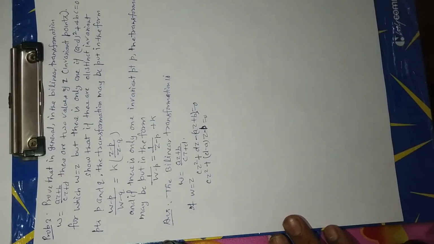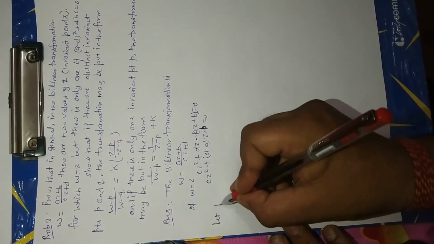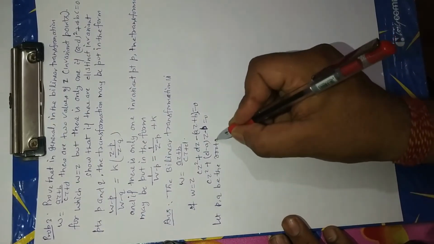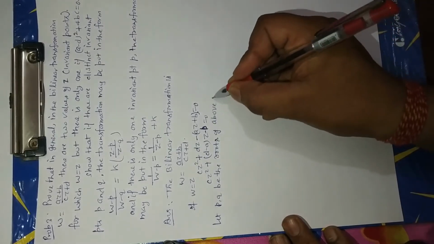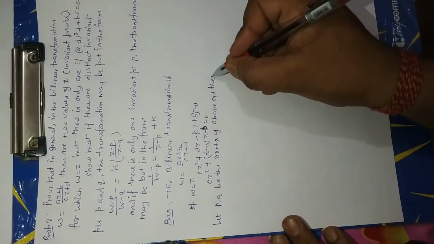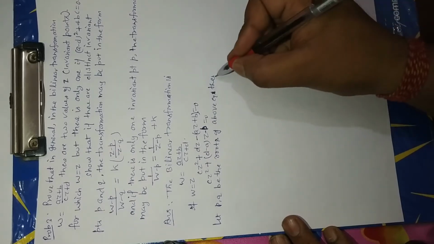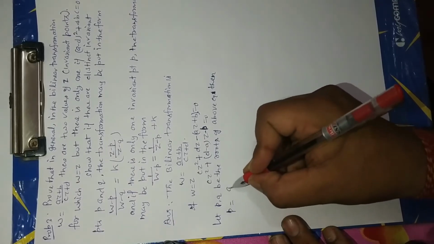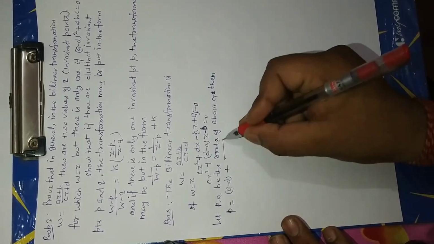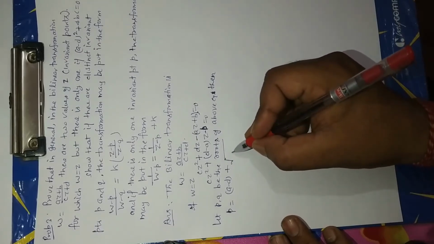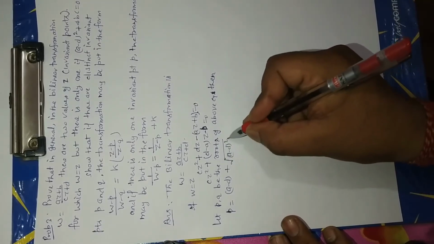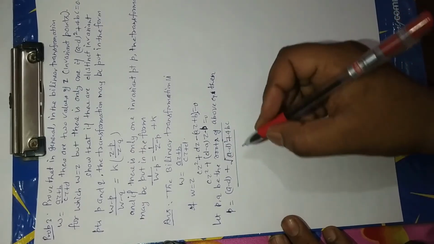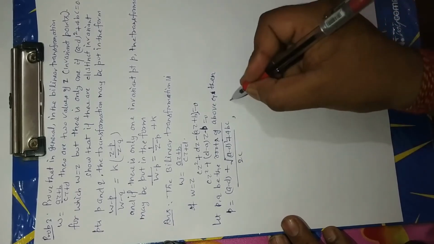Let P and Q be the roots of the above equation. Then say P is equal to A minus D plus under root (A minus D) whole square plus 4BC upon 2C.